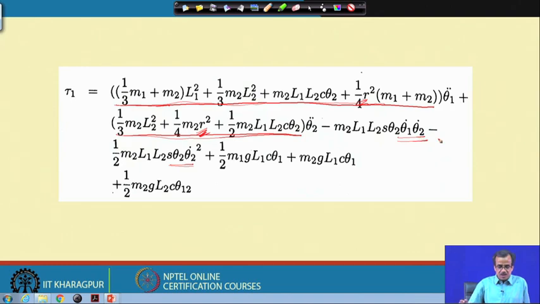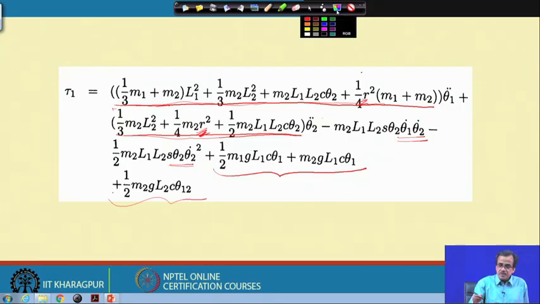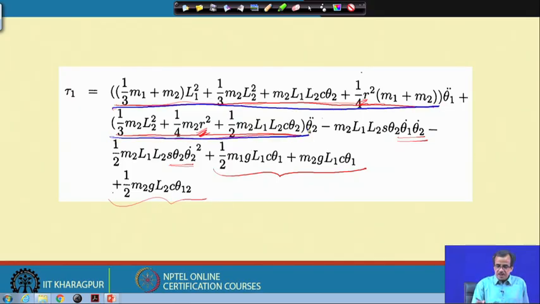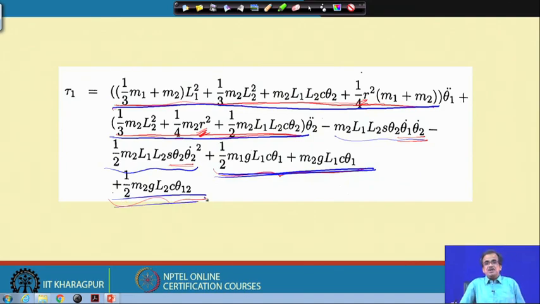These are nothing but the Coriolis and centrifugal terms, and this particular part, cos of theta 1 and theta 2, these are nothing but the gravity terms. So, we have got the inertia terms, up to this. Then we have got the Coriolis and the centrifugal terms, and here these terms are nothing but the gravity terms.